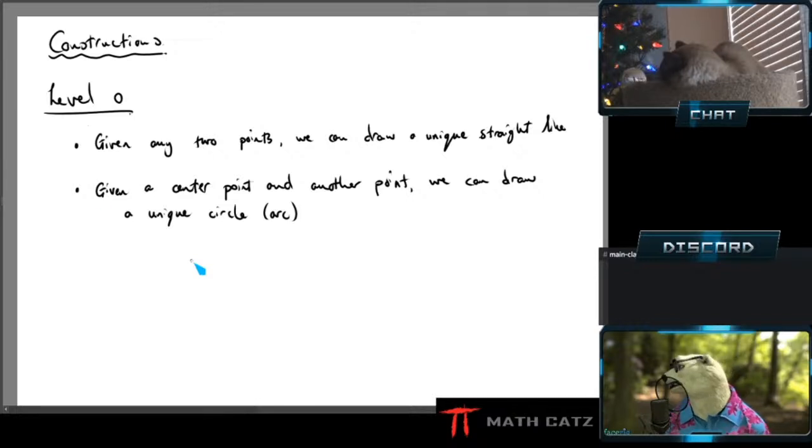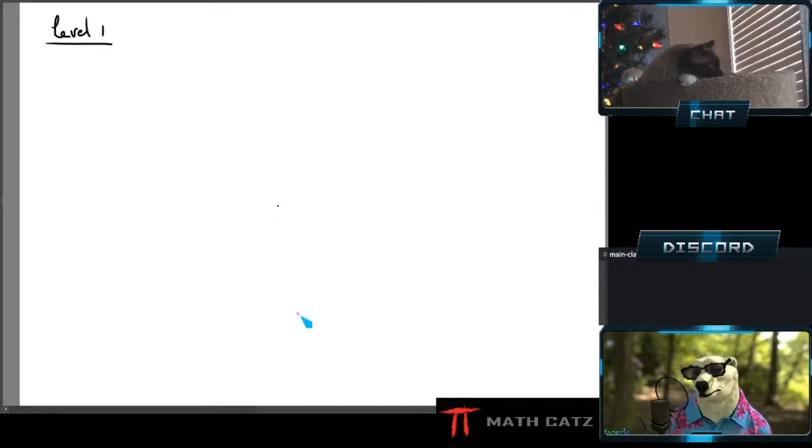So, now before we get to the actual polygon drawing, we need to have some intermediate constructions that'll help us, that are used in the construction of a square, of a triangle, and stuff like that. So we're going to have 3 levels. Level 0 is our rules, essentially. What we're allowed to do. We're allowed to do 2 things. Draw lines, draw circles.